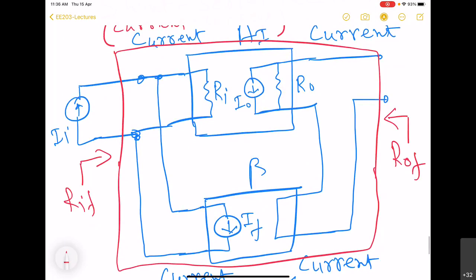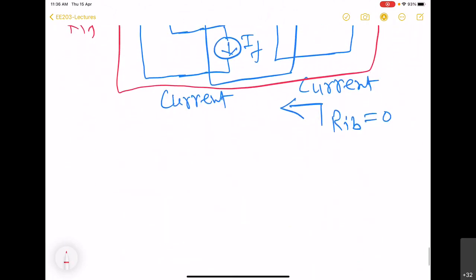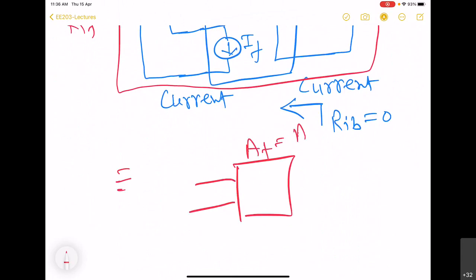So that means we have here the overall block AF, and this AF for this case also is going to be what we pointed out for the previous case.